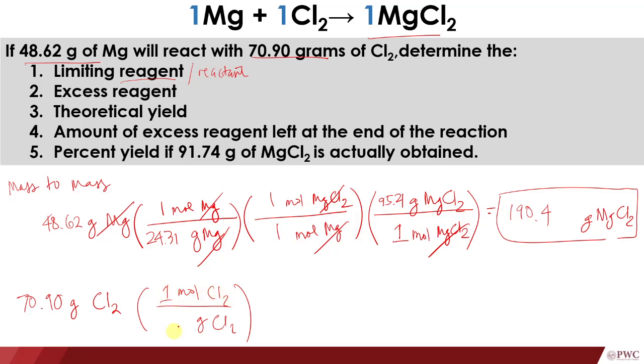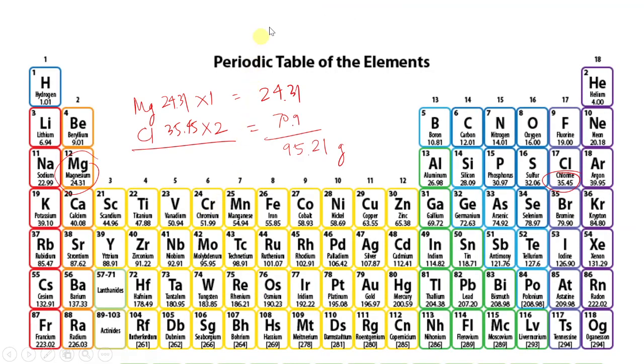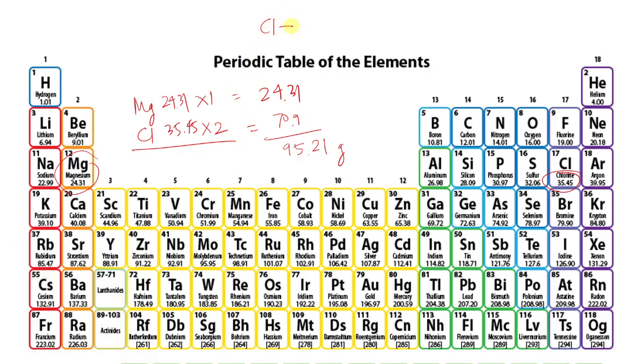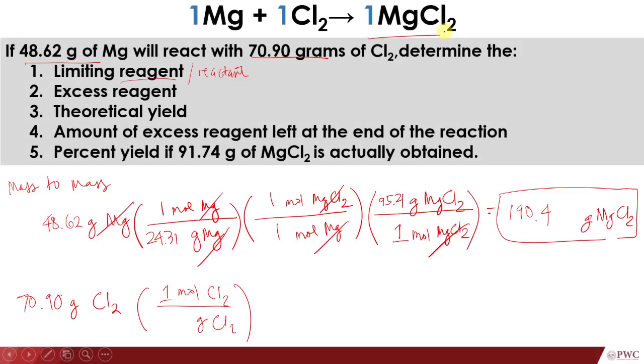For Cl2, that is 2 chlorines, right? So that's 35.45 times 2, that's equal to 70.9. So the molar mass of Cl2 is 70.9.